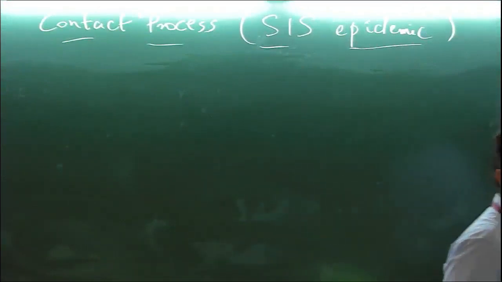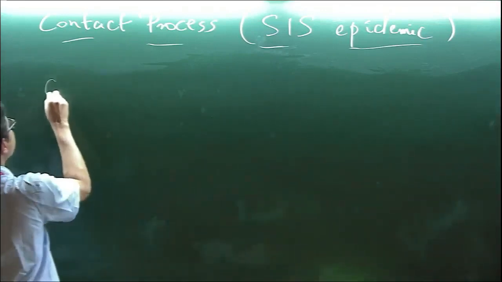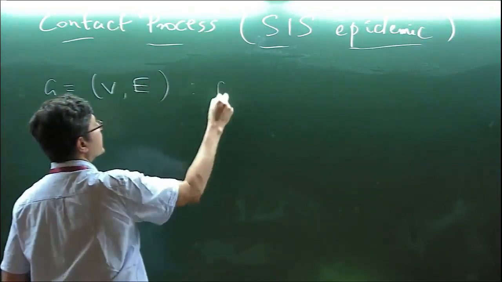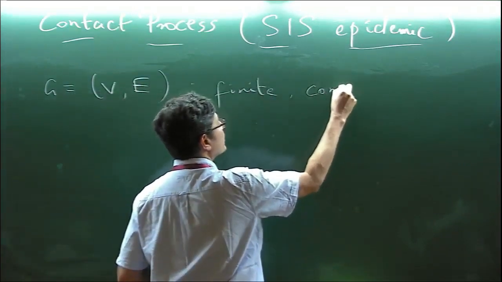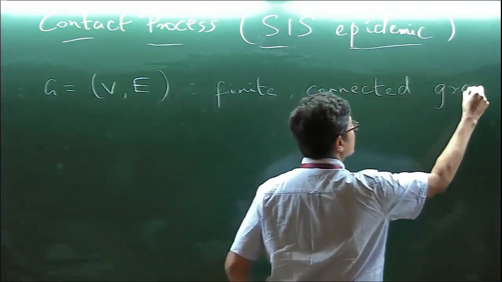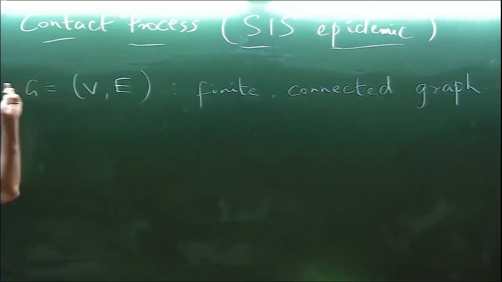So I'll start by introducing the contact process or SIS epidemic model on a graph. So G is going to be a finite connected graph. The model is going to be in discrete time.